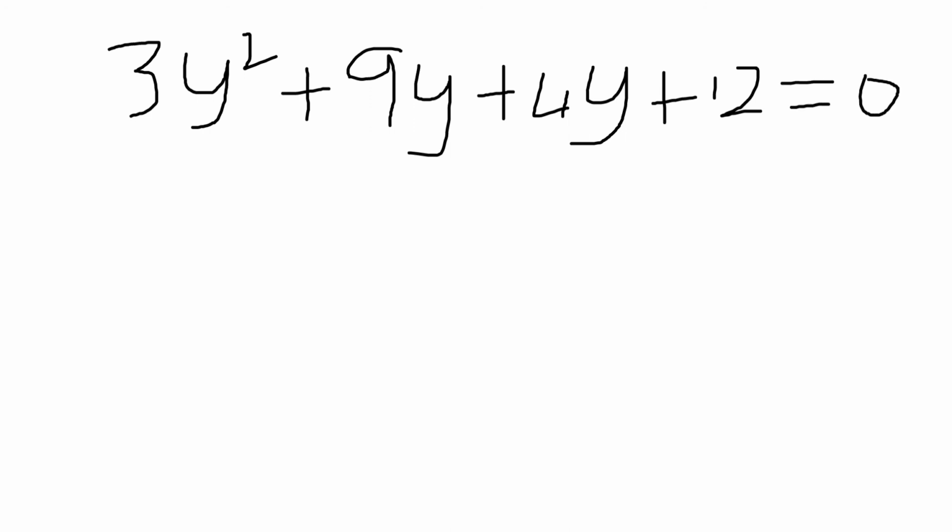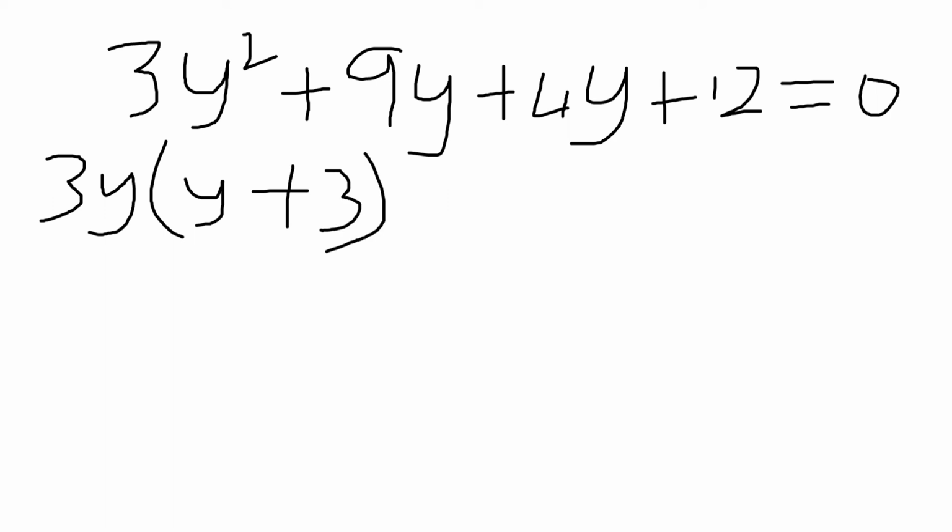Now we consider the first two terms. We bring out the common factor, and here we can see that 3y is common to both 3y squared and 9y. So we can factor out 3y, and we are left with y plus 3, because 9y divided by 3y will just give us 3.